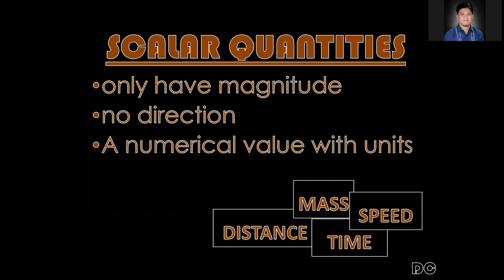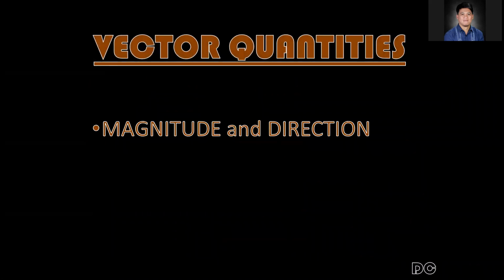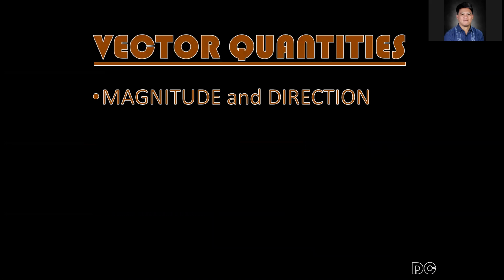On the other hand, vector quantities have both magnitude and direction.